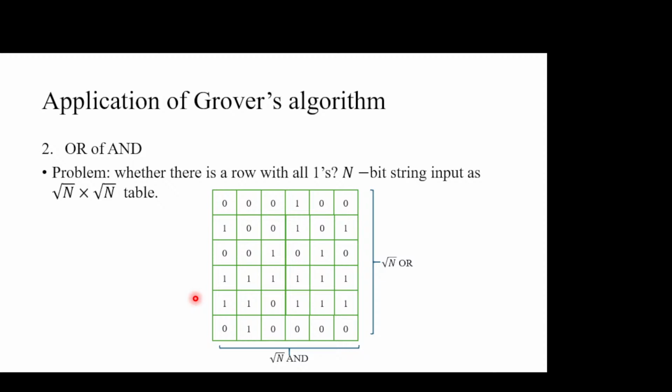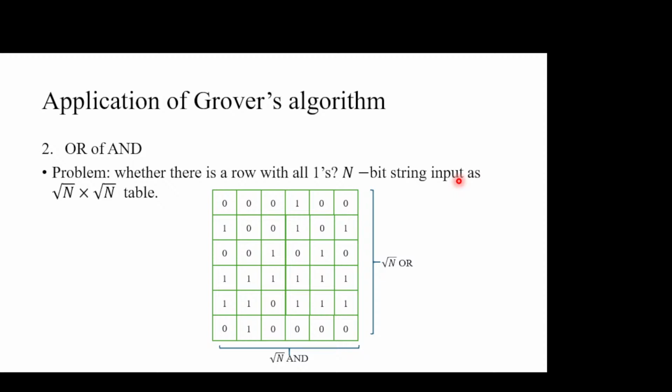The first one is a pretty direct construction: you try to compute the OR of ANDs. This is a pretty artificial problem to show you how you can compose Grover's algorithm with other things.